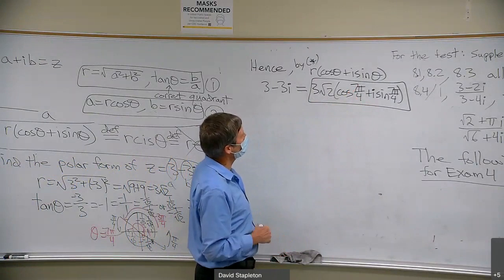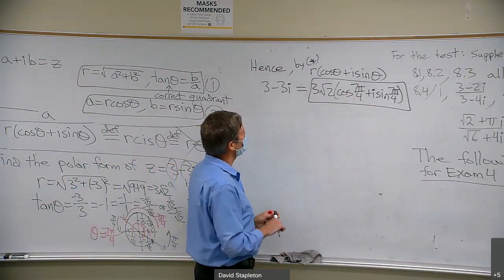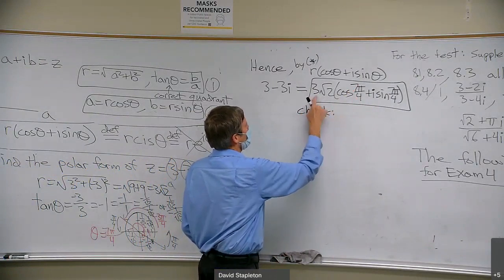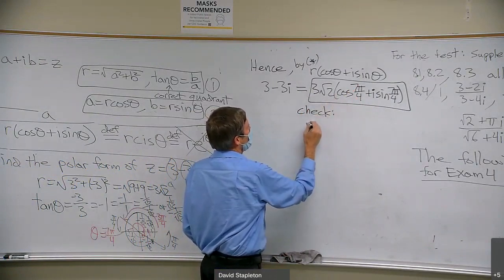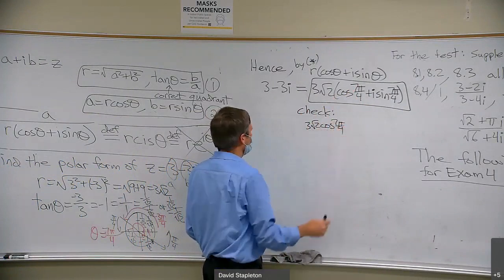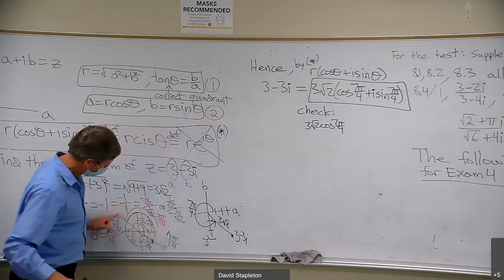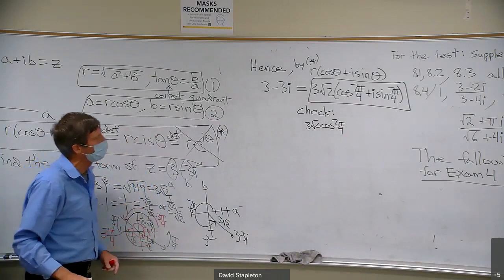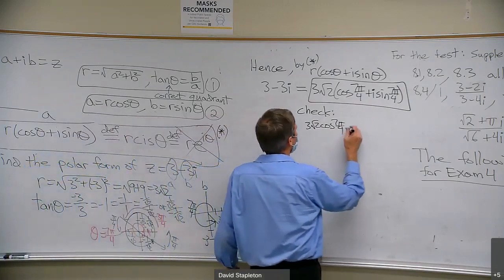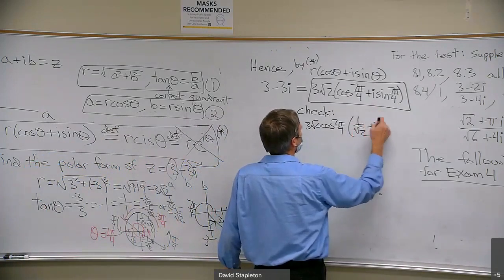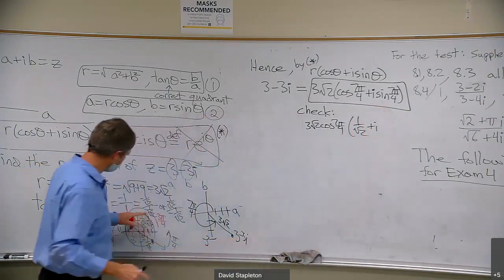If you doubt your work, you think maybe you made a mistake, you can always check it, right? Just multiply it out. You get 3 square root 2 cosine 7 pi over 4. What's cosine 7 pi over 4? You go to the unit circle and say, the cosine is the x coordinate. It's 1 over square root 2. Plus i times the sine of 7 pi over 4, which is the y coordinate on the unit circle.